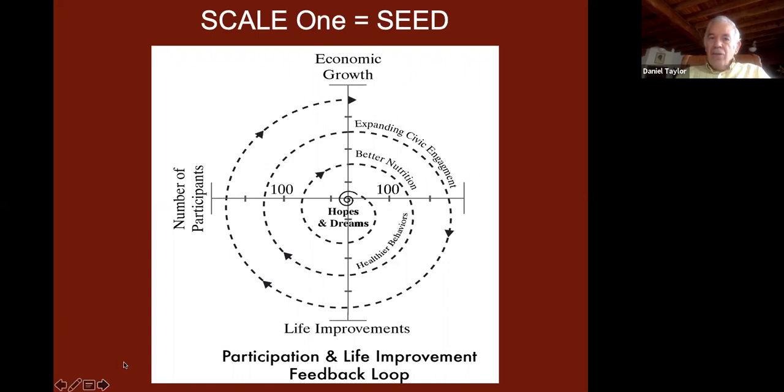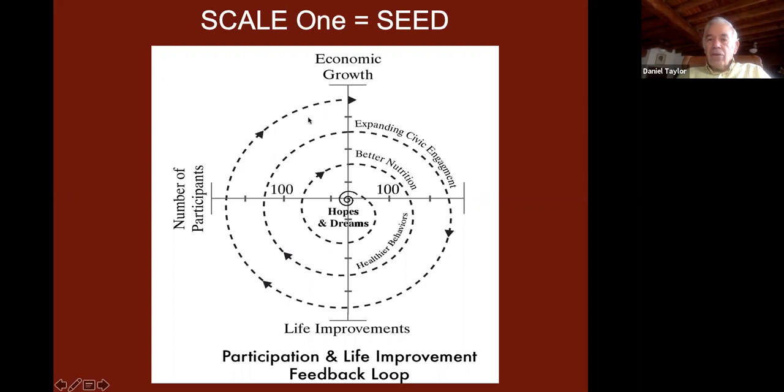And you can actually graph, as this is showing, that, for instance, if you take the domain of life improvements, that's health and education and better nutrition on the bottom, or the domain of economic growth, which is rising economic resources and other resources.